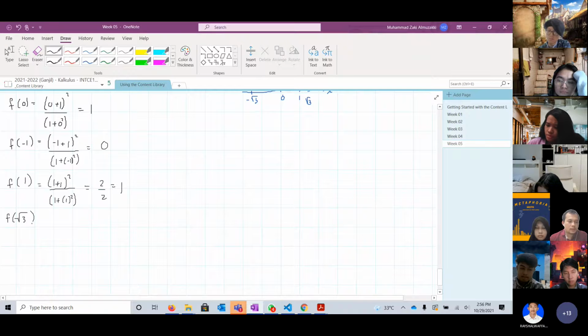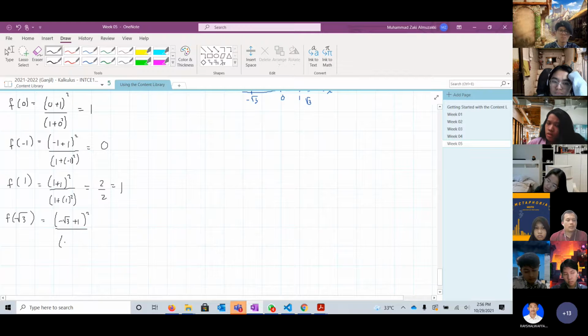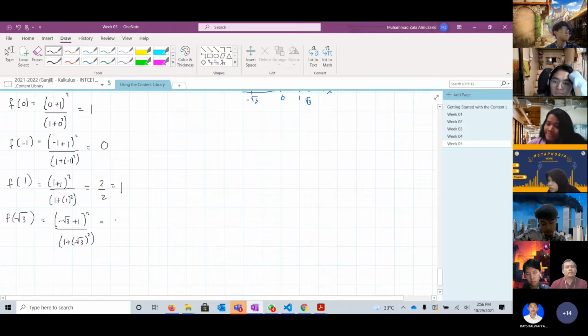And then f of minus square root of 3 is (minus square root of 3 plus 1) squared over (1 plus square root of 3 squared). This is quite challenging. We get 4 minus 2 square root of 3 over 4, or 1 minus half square root of 3.